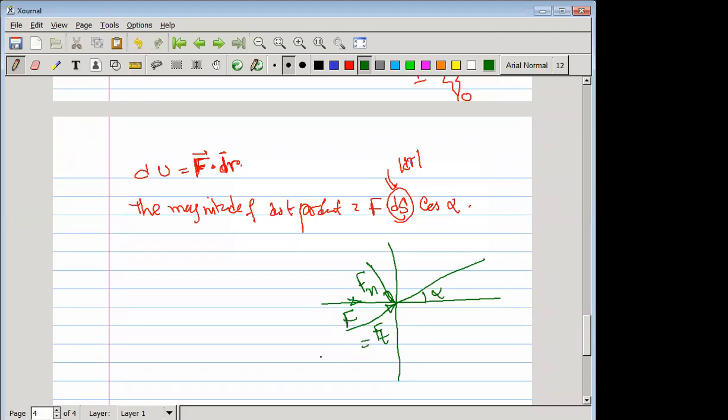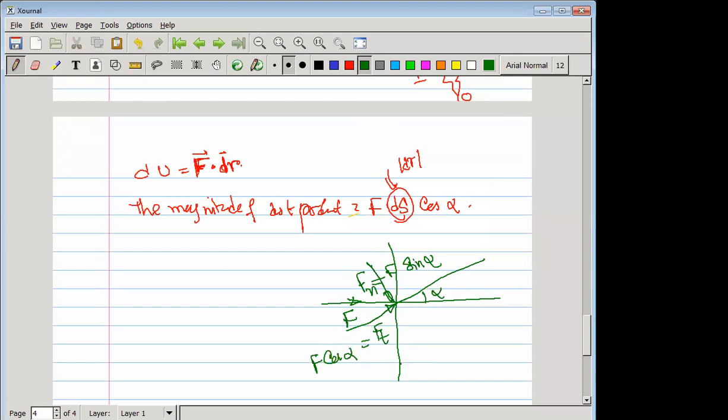So F t is nothing but F cos alpha, and F n is nothing but F sin alpha.